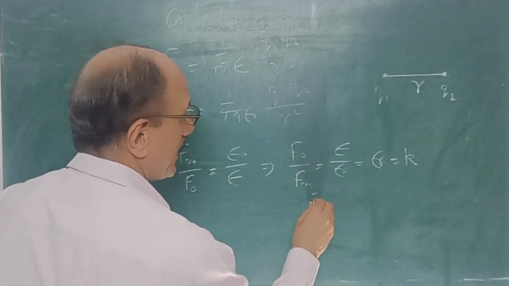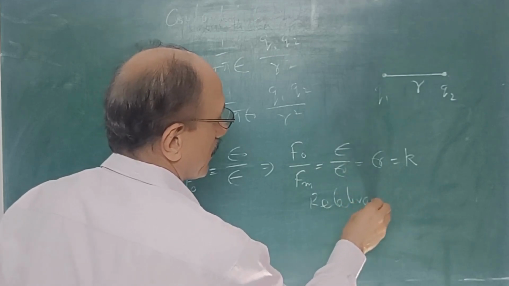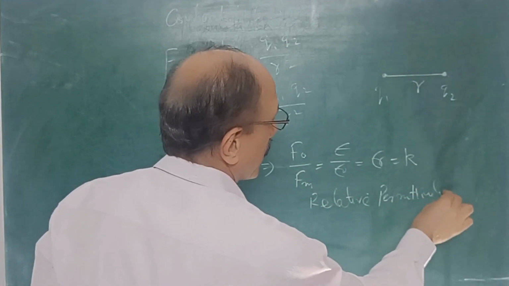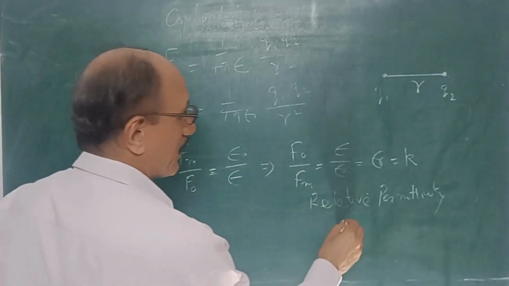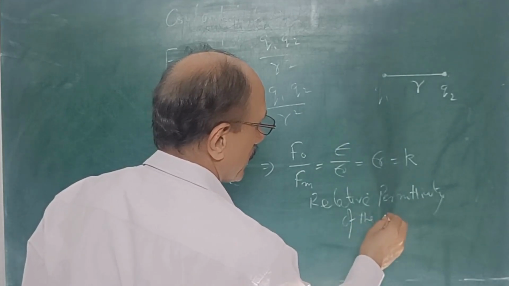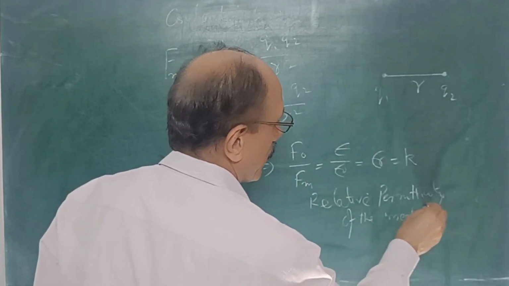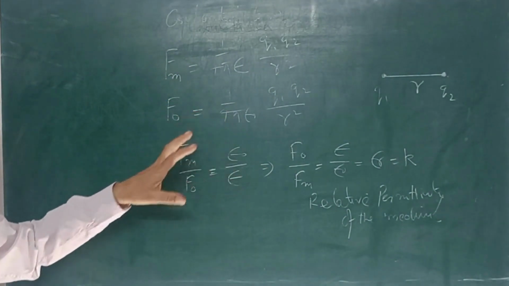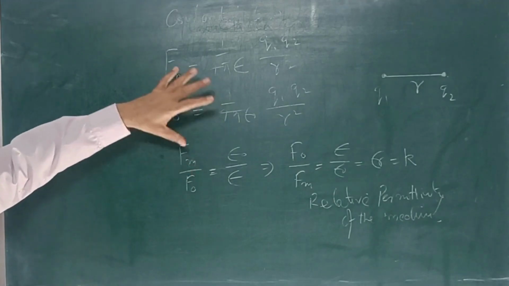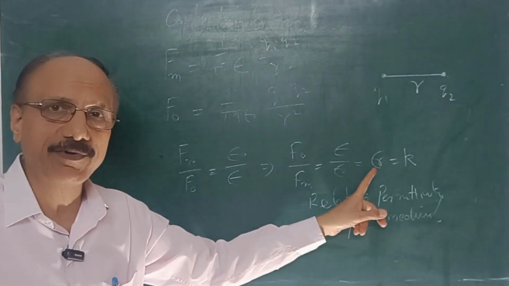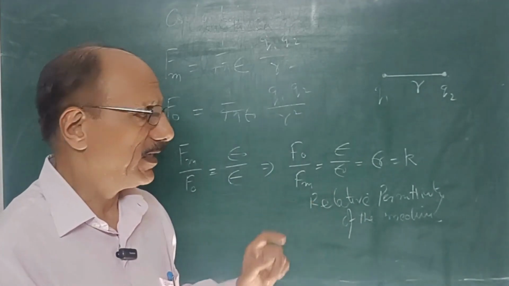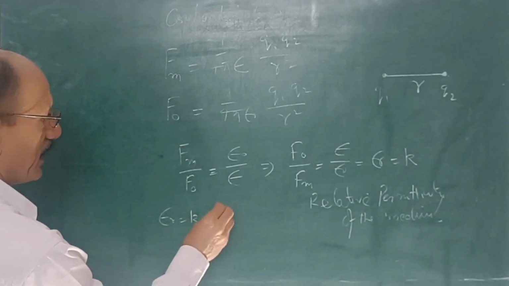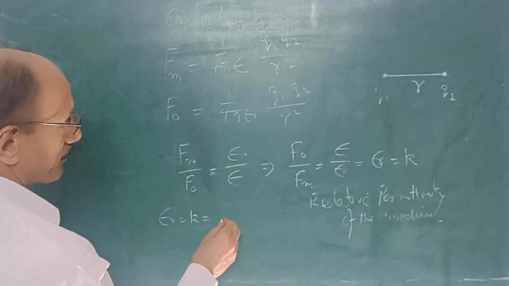That is called the relative permittivity of that medium. How much force will be applied in that particular medium depends on the relative permittivity of that medium. In the case of water, this epsilon r, that means K, is 80.